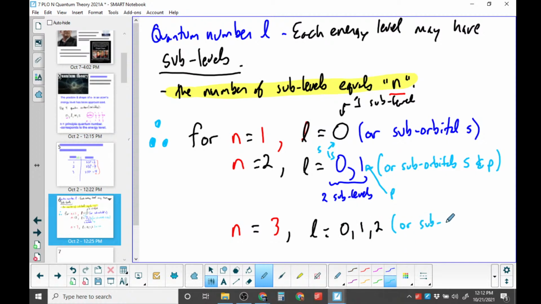Or suborbitals S, P, and does anybody know what the last one is? Yes? D! Yeah, it's a D.